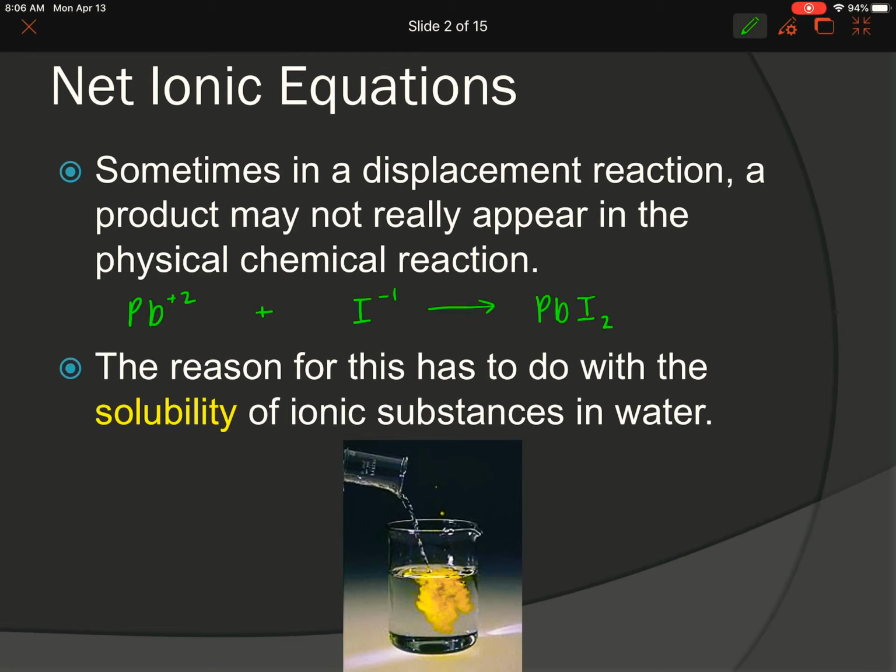Now, the ones that are going to react and form a substance or form a precipitate are insoluble. I always have trouble spelling precipitate, so I really have to focus here. Precipitate. Beautiful.